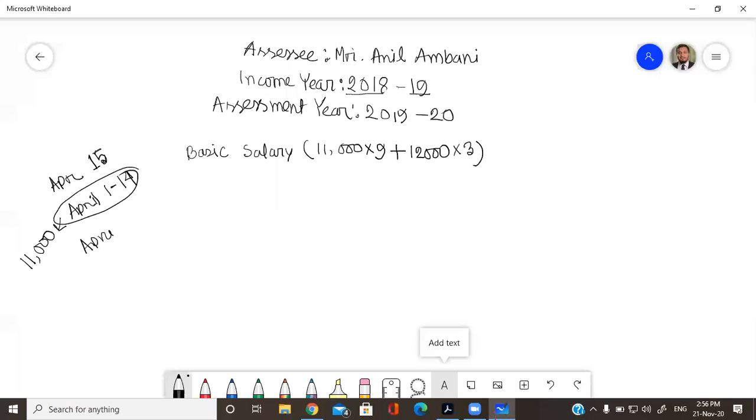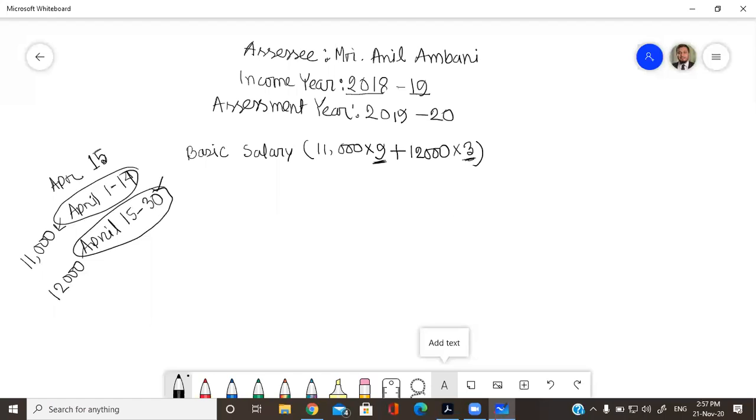And from April 15 to April 30, basic salary applicable would be 12,000. So in that case, you need to have some fractional number here, some decimal point based on the number of days available in this period.